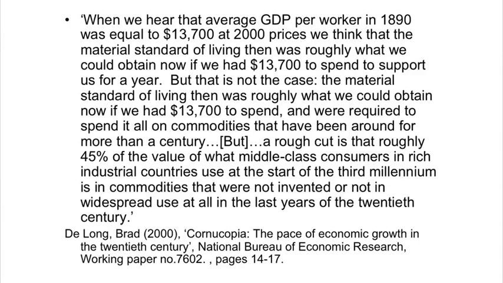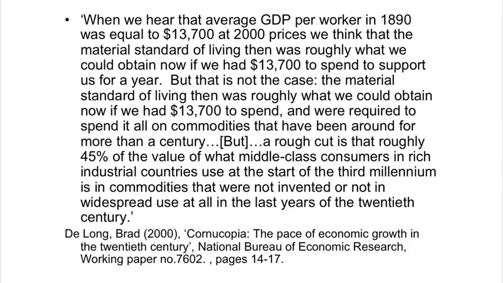But that's not the case. The material standard of living then was roughly what we could obtain now if we had $13,700 to spend, but if we were required to spend it all just on commodities that were around at that time, commodities which have been available now for more than a century.